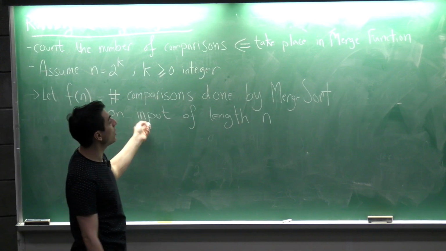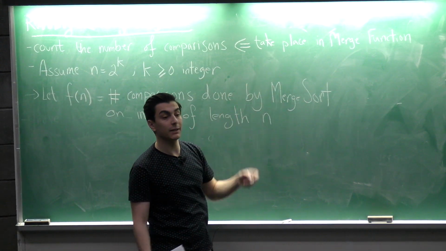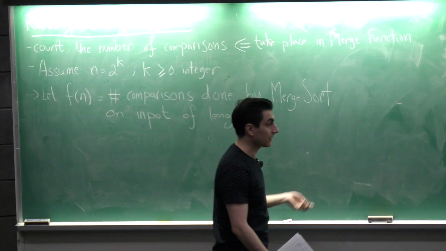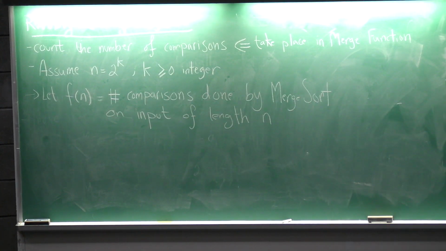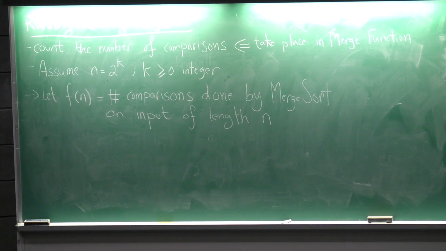So now, since we know that all the comparisons will take place only in the merge function, let's have some example. Let's try to see how it's going to work. In this example, we're going to try to count how many comparisons take place in the merge function. Okay?